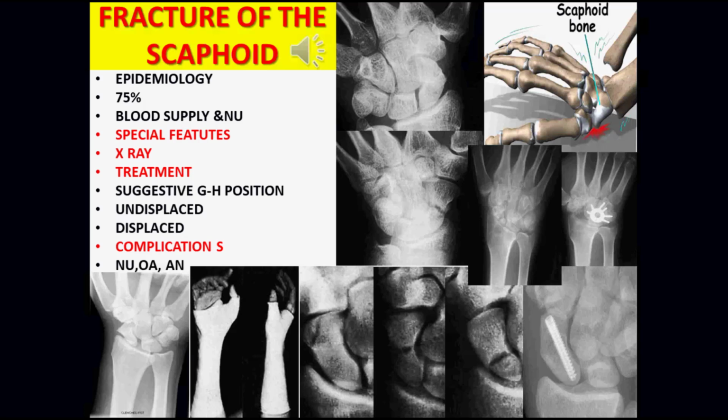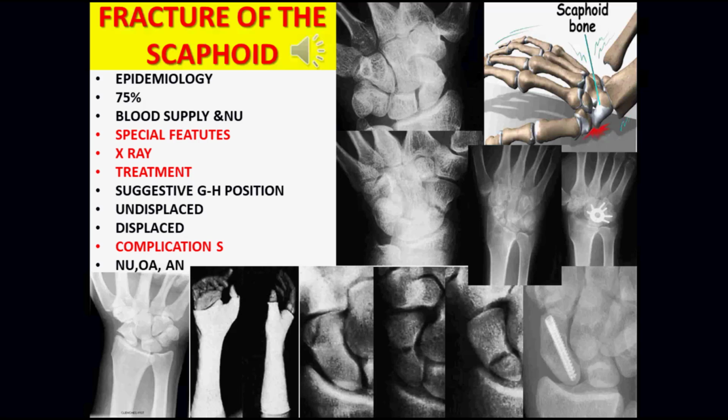Treatment: if the X-ray looks normal but there is a clinical feature suggesting a scaphoid fracture, the patient should be put in the glass holding position plaster, that is, the wrist slightly extended and the thumb in abduction, and the cast should incorporate the proximal phalanx of the thumb.